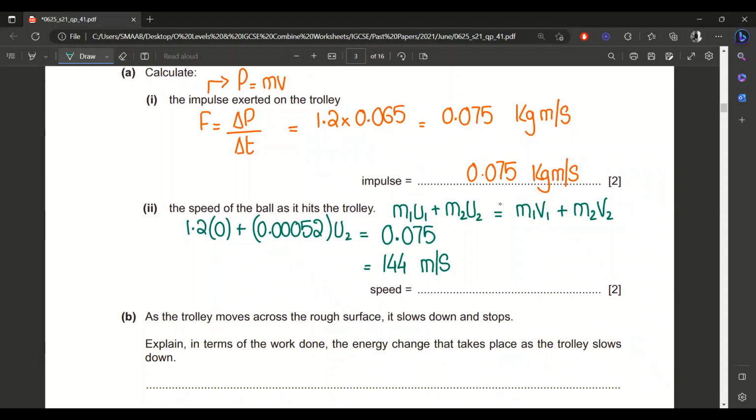And if we consider the round off value, actually most of the time in the marking scheme, they used to write the answer in two significant figures, right? So that's why they round off the value, and that rounded value will be equal to 150 meters per second.